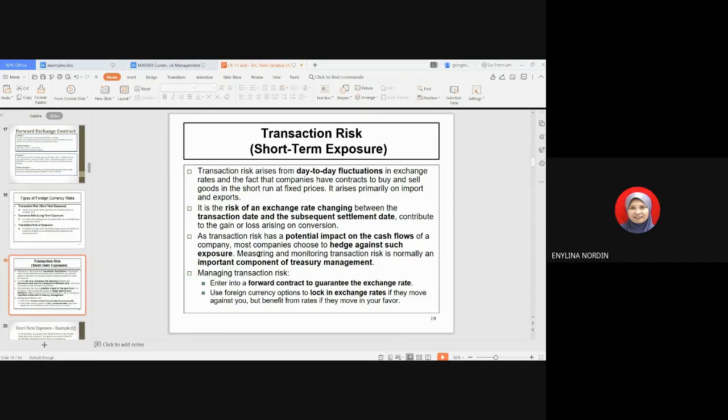It has a potential impact on the cash flows of the company. Most companies will choose to hedge, meaning to minimize the transaction risk, using the forward contract.